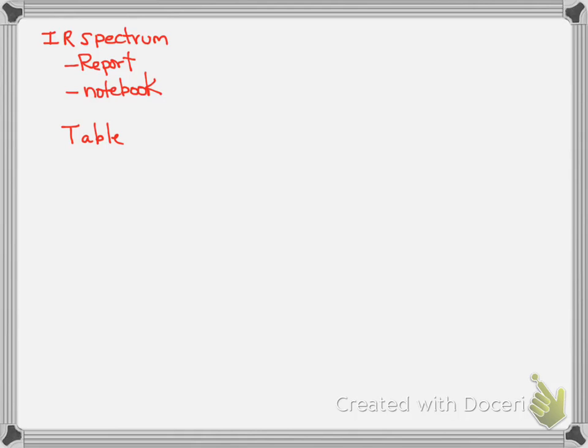What you'll have in your table is headers. They don't have to be in this order, but this is typically how people do it. You need the wave numbers. The wave numbers are arranged like the melting point, where it starts, where it ends. And then I want a description of it. You want the actual wave number from our own IR spectrum?